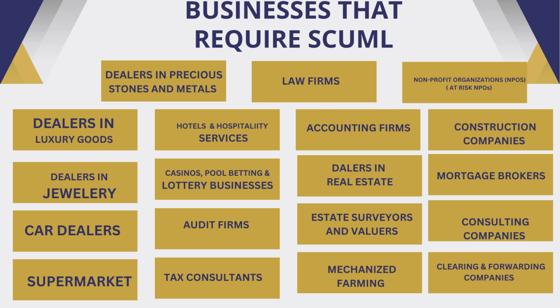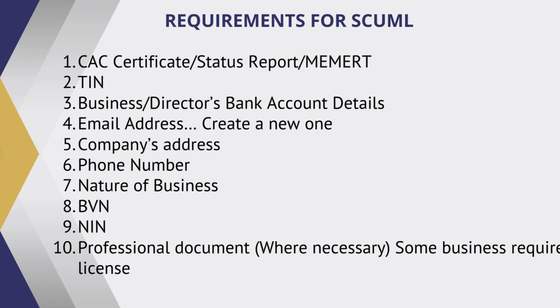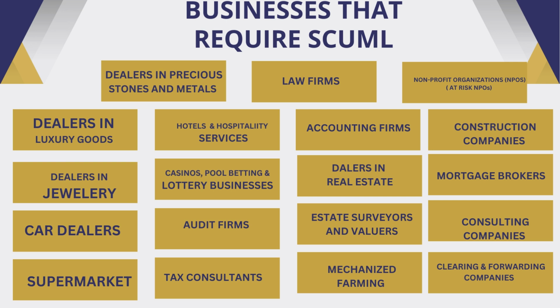Okay, so now let's get into it. What are the requirements for SCUML? You need your CAC certificate and status report or memorandum. Of course, you know your CAC certificate, that's the number one criterion. The business must have been registered either as a business name or as a limited company. If your business or your client's business is in any of this category of businesses, whether as a business name or company limited, you need SCUML.